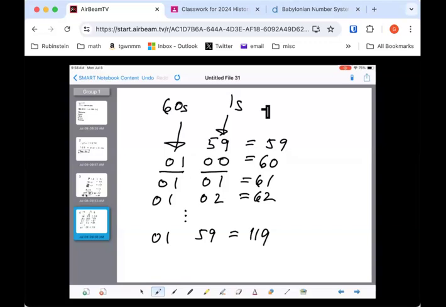So the next number would look like this, which would be a way of representing 120. In other words, it has two 60s, that's what this place is, and no ones, and that's 120.